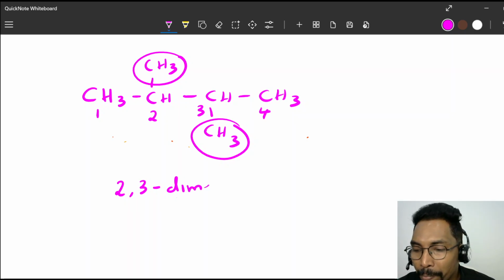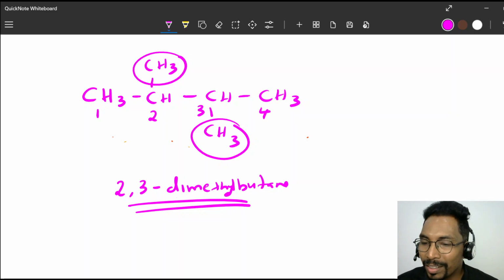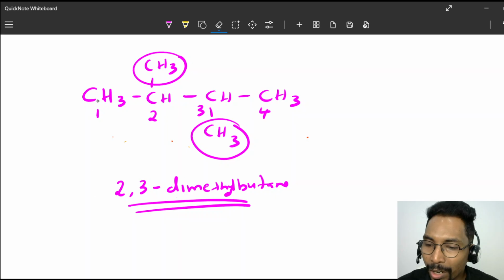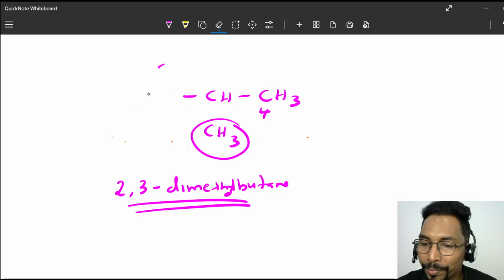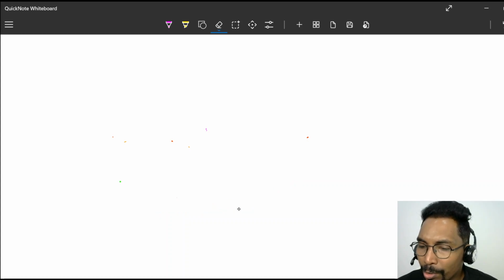So dimethyl butane. Clear? So this is the nomenclature of branched compounds. I hope it's clear. We can do one more example.